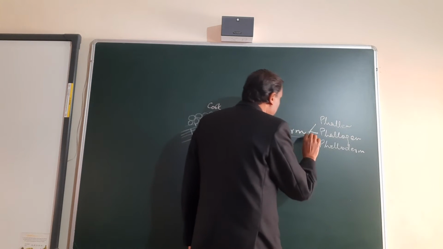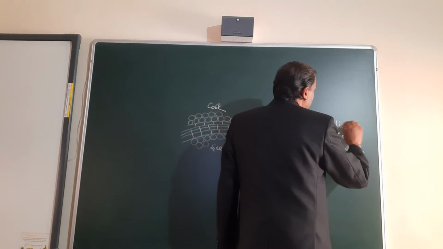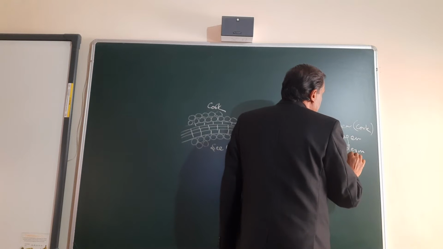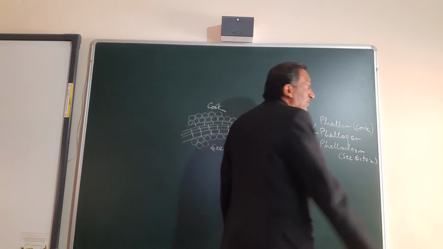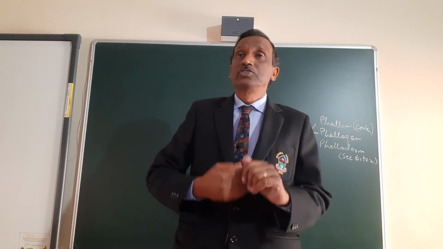They are collectively forming periderm. Phellem is also known as cork, and this is also known as secondary cortex. Okay, so these are the terms, please remember all these terms.